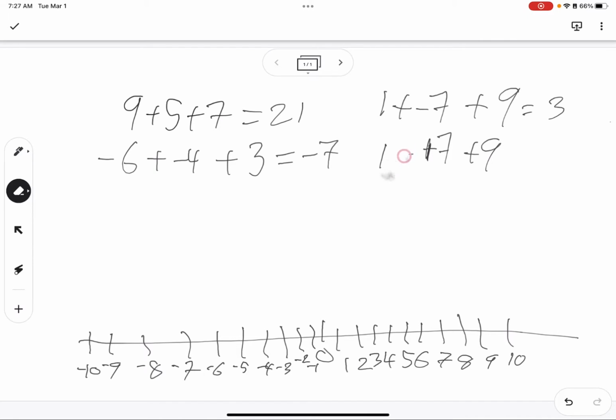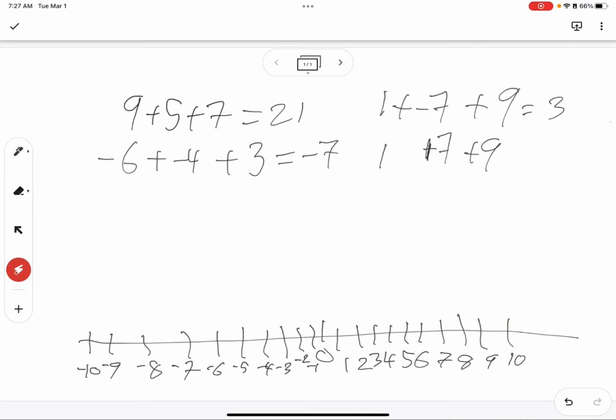So now I'm going to get rid of this negative sign because now this has just jumped over here and become a positive sign. So now I've got 1 plus positive 7. I'm going to start here, and since it's positive, I'm going to go to the right 7 spaces. 1, 2, 3, 4, 5, 6, 7. So I'm at 8.